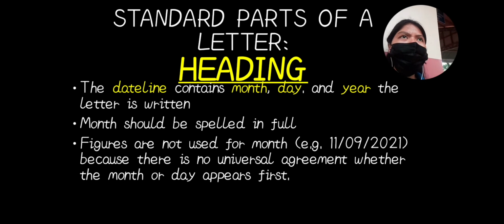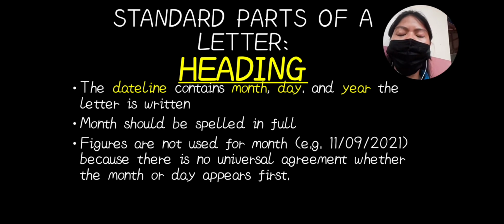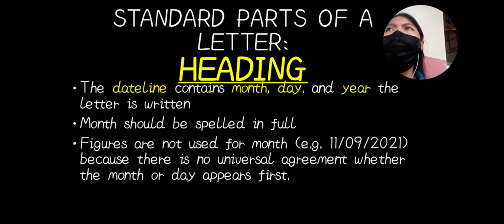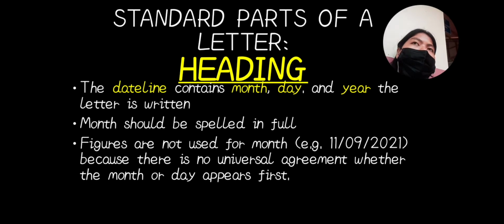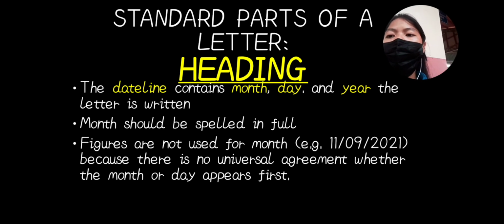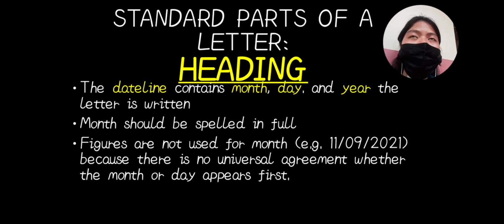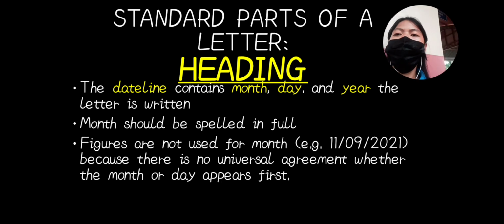So there is no universal rule about that, and it will be confusing to the readers. So we need to spell the month correctly. If it's November, then November. December, then December.